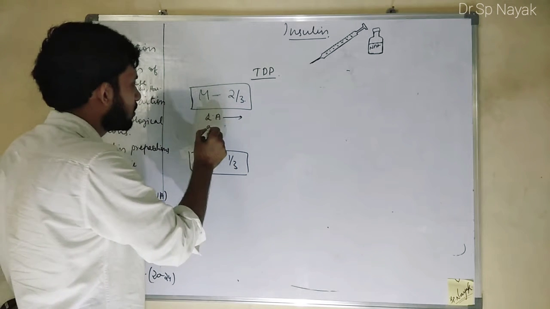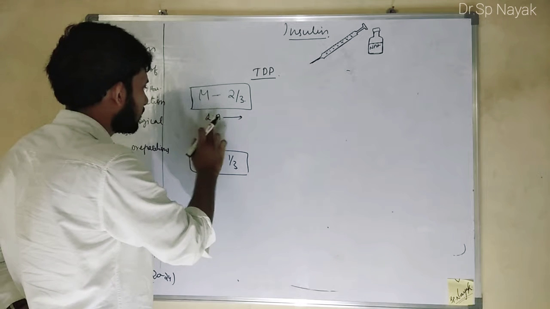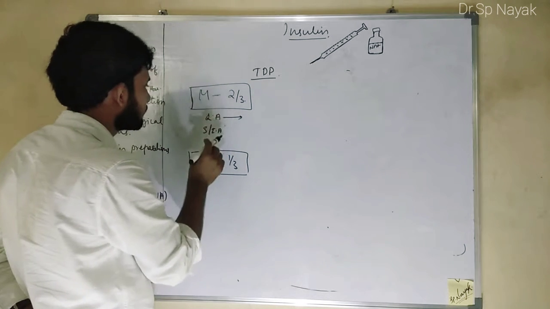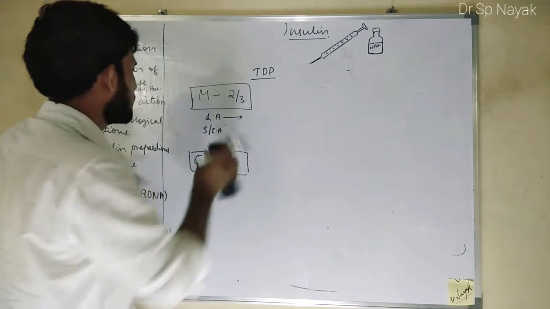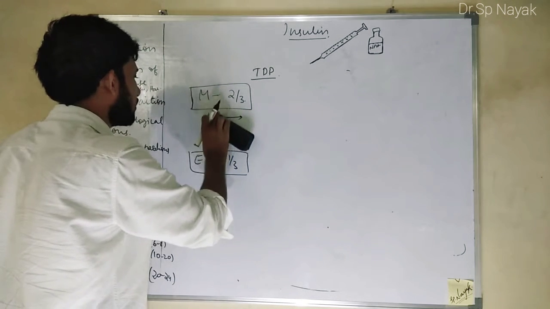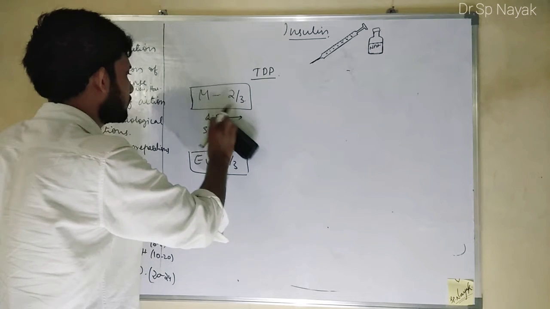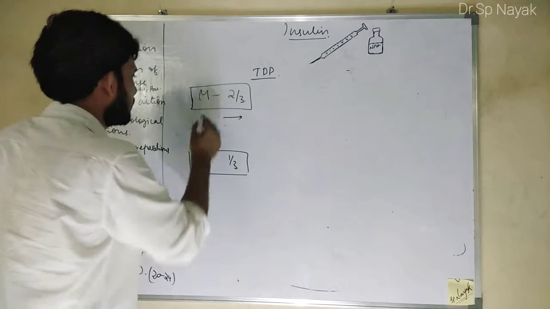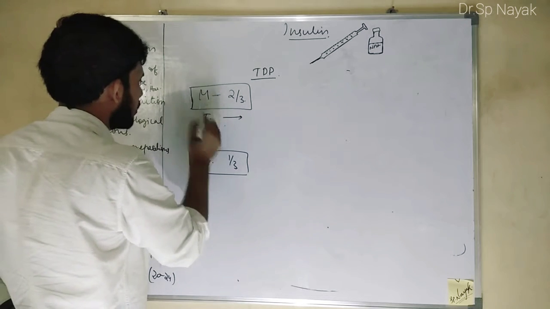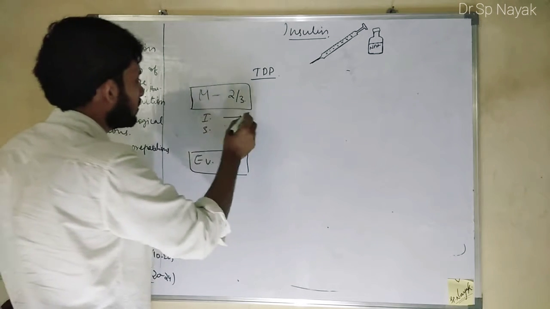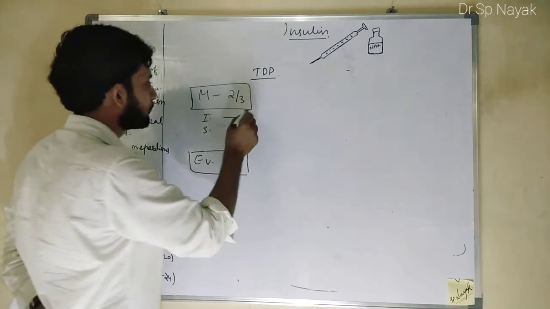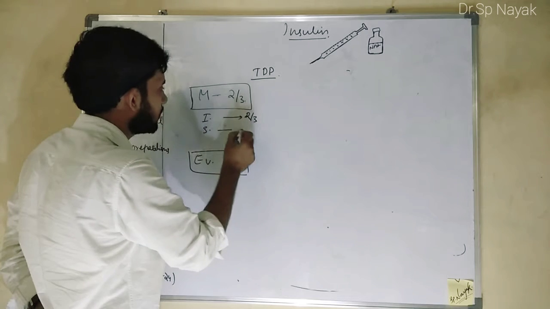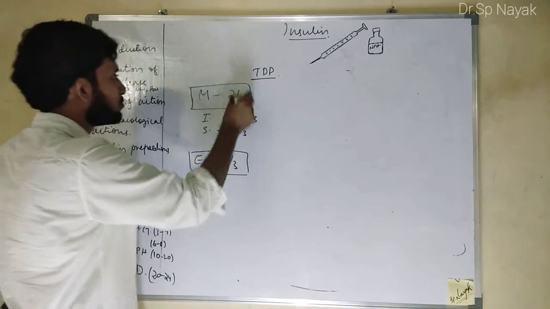We can give short acting or intermediate acting, or generally we give short acting. Here long acting is not required. Here we have to use intermediate acting and short acting. So intermediate acting insulin should be given 2/3, and short acting should be given 1/3 from the morning dose.